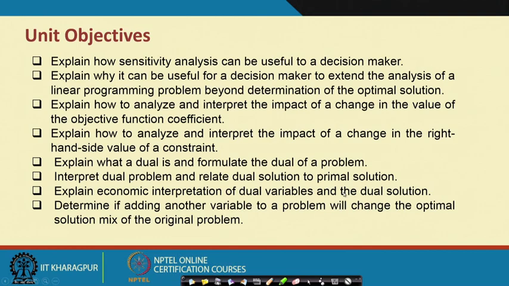And in fact, in the last lectures we have already highlighted the particular objectives of the sensitivity analysis.